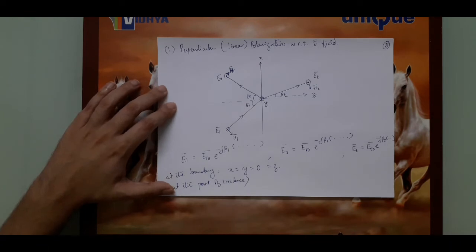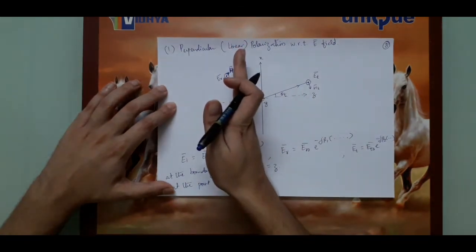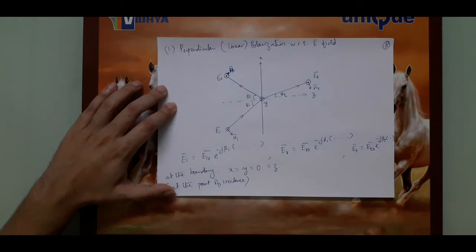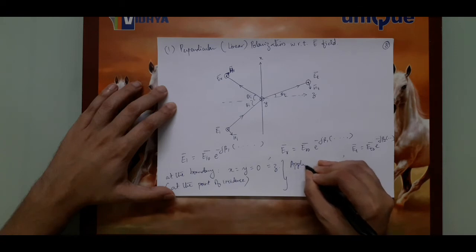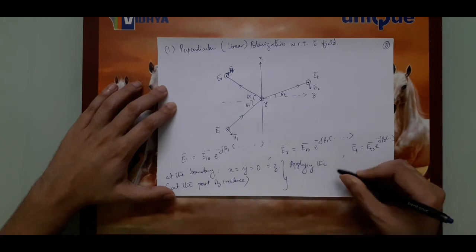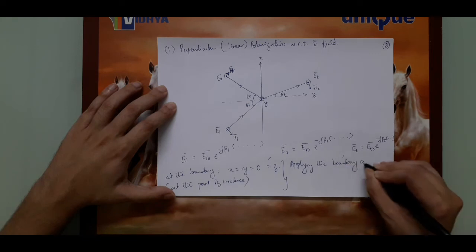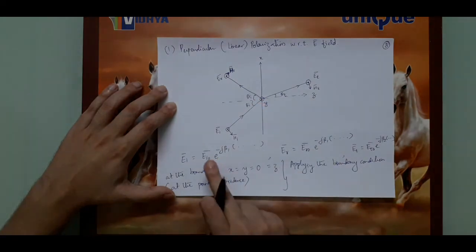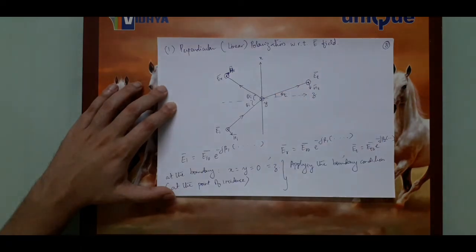What we had established as a result of the boundary condition is that the tangential electric field on the left hand side and the tangential electric field on the right hand side must be continuous. So applying the boundary condition, the net electric field on the left hand side is because of the sum of the incident and reflected waves, and that on the right hand side is because of the transmitted wave only.